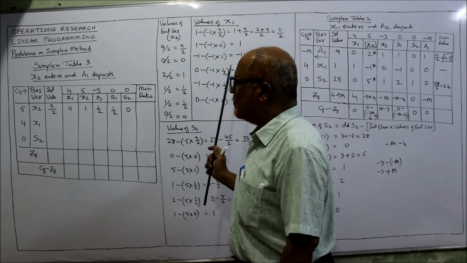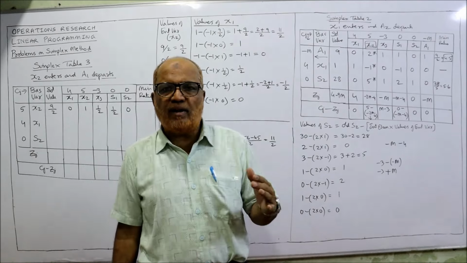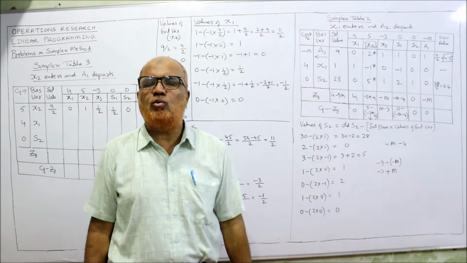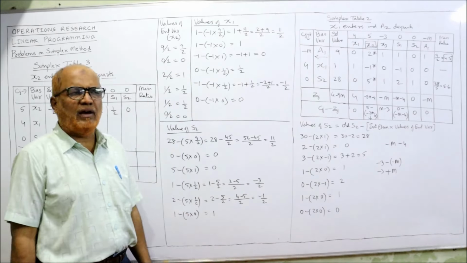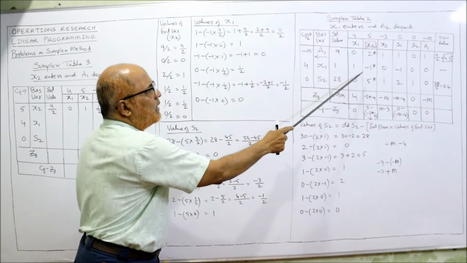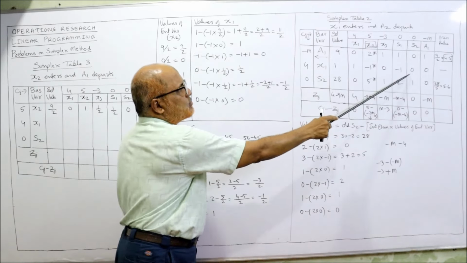Now we need the values of x1. How to find out the values of x1? Old value of x1 minus intersectional element into values of the entering variable. Same formula we are repeating in every case. The old values of x1 are 1, 1, minus 1, then 0, minus 1, 0.